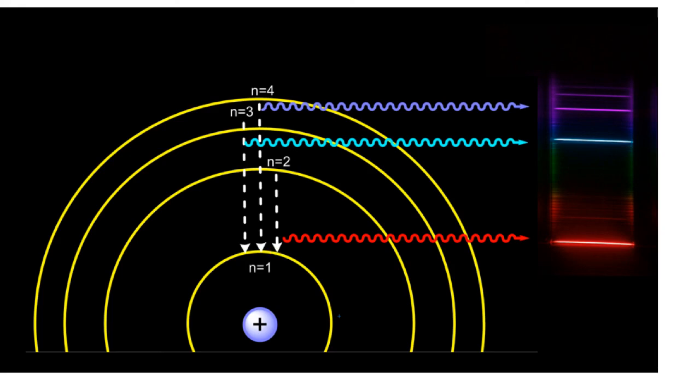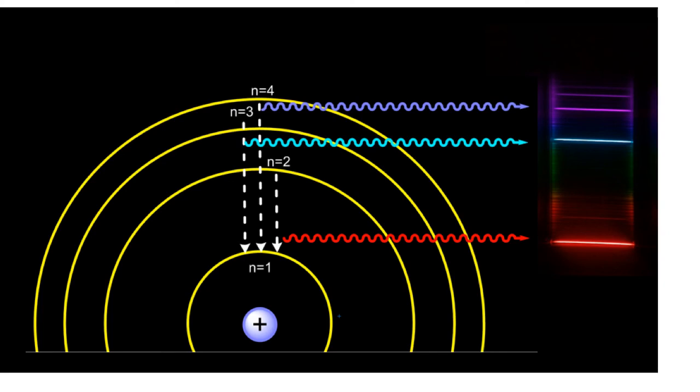And when it does that, a photon of light is emitted that is equal to the gap in energy between n is equal to 1 and n is equal to 2. So this gap, notice this gap is the smallest gap here. That would be the lowest energy transition, and therefore we get the lowest wavelength of light, or red.